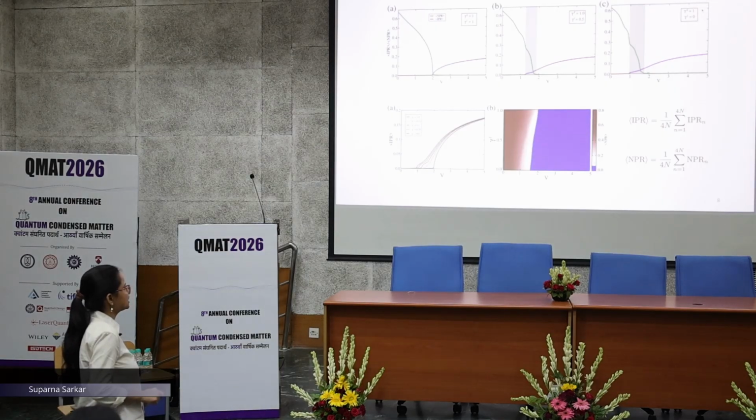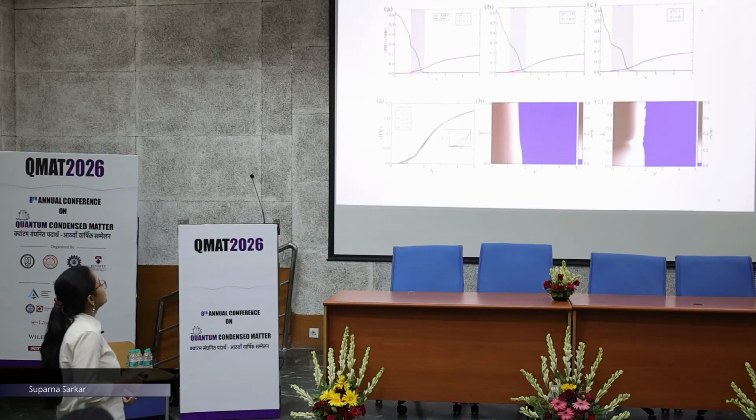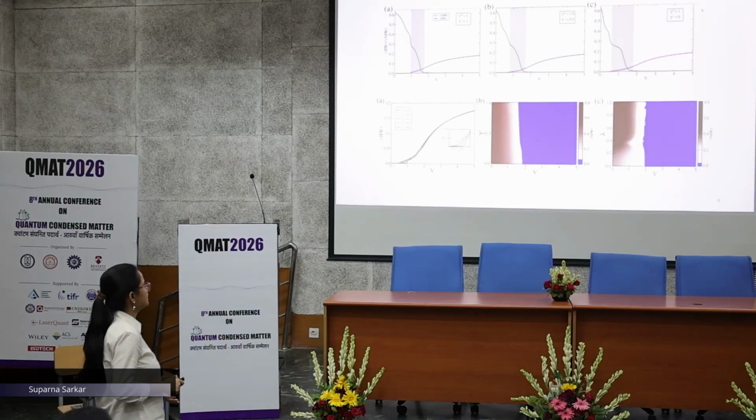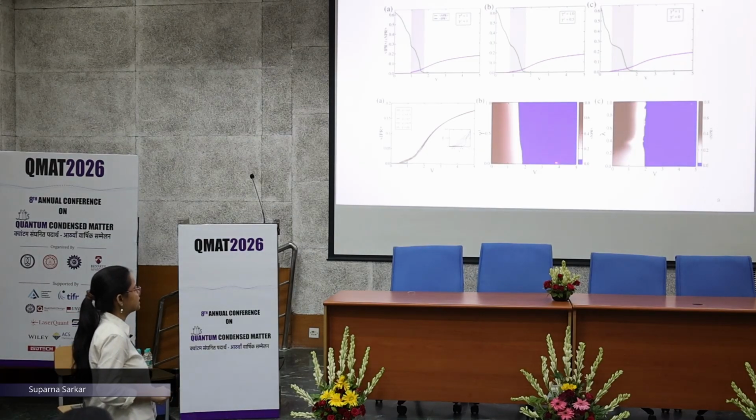Here we plot the average NPR in the color bar, and this is for the alternate-side dissipation. Here we get a mixed phase zone even for the balanced condition, and its width increases with increasing imbalance. Here we also get a similar result to the previous one, and this phase diagram shows that the transition point from the mixed phase to the localized phase moves toward lower disorder values as we increase gamma L.